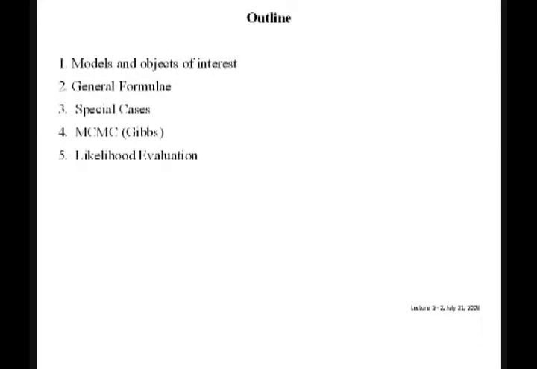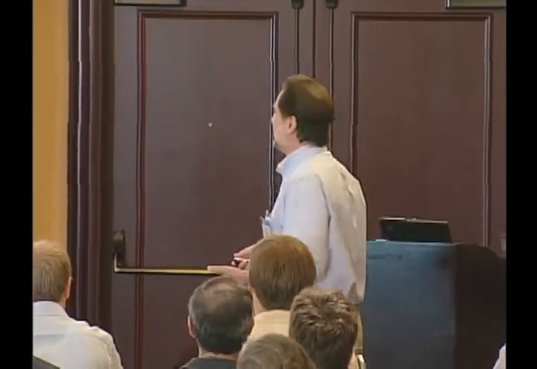So this is the outline of this morning's lecture. So I'll start with some sort of general stuff. What's the canonical model I'm going to be talking about, and it could look like a macro model if interpreted right, and then I'll talk about some things that you might want to do with it, objects you might want to estimate or calculate, right, and then we'll spend the rest of the time figuring out how you might calculate those things, right.